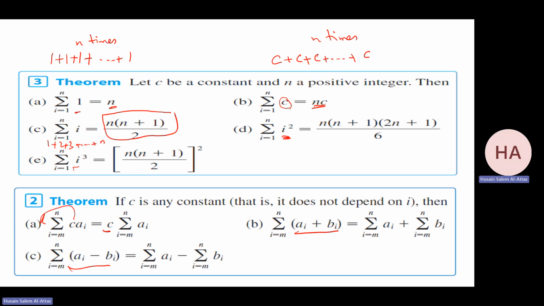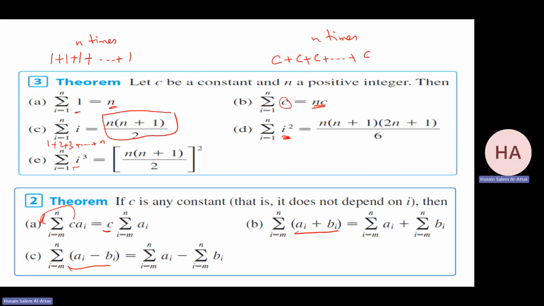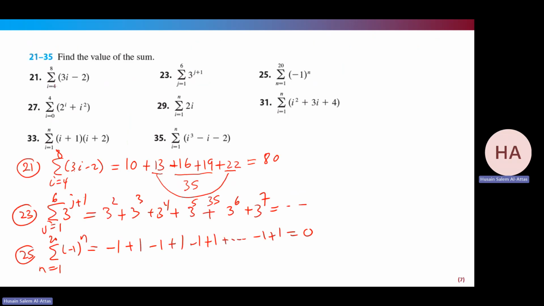I leave the argument with the i. Summation i equals 1 to n of i, which is this one. So that will be 2 times n plus 1 over 2. The 2 cancels, so I have n squared plus n.